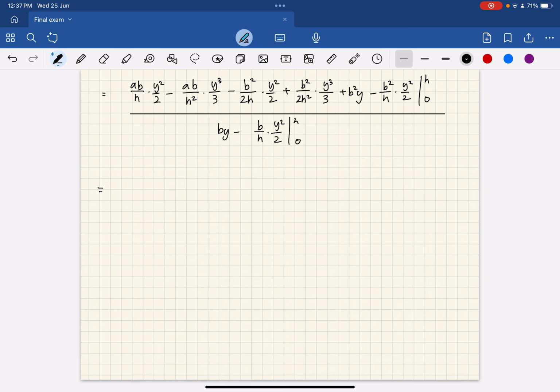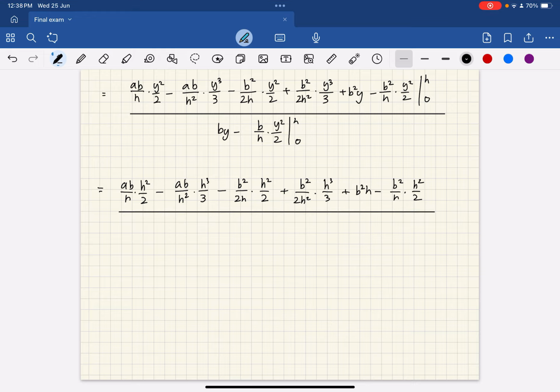So as we plug in h, what we get here is ab over h times h squared over 2, minus ab over h squared times h cubed over 3, minus b squared over 2h times h squared over 2, plus b squared over 2h squared times h cubed over 3, plus b squared h, minus b squared over h times h squared over 2, and then it's going to be bh minus b over h times h squared over 2.